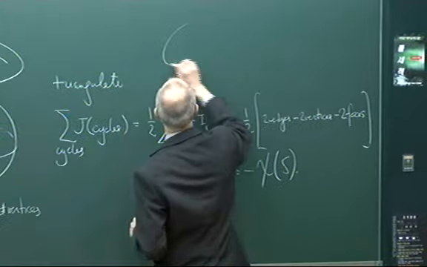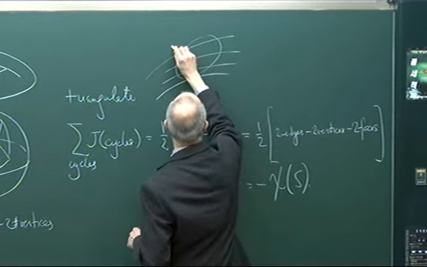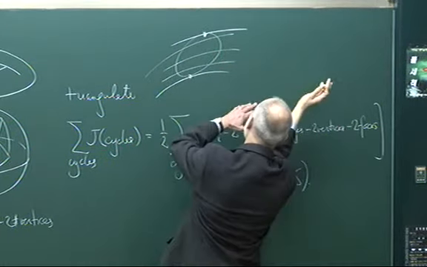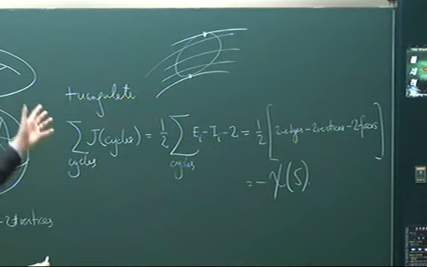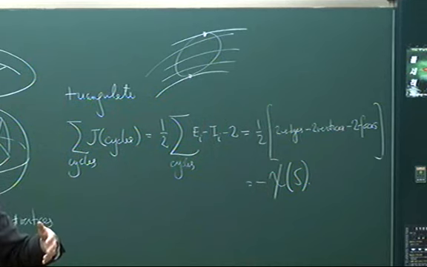If I take a cycle that's conservative, notice that it's just passing through without any singularities. It will contribute 2 exterior points and no interior points, and hence it will have an index equal to 0.